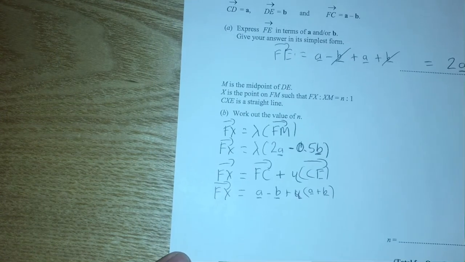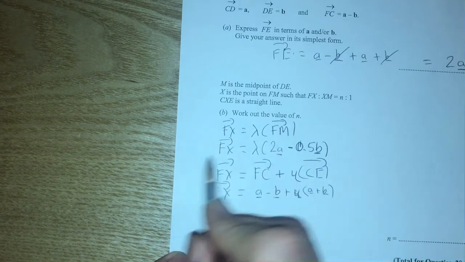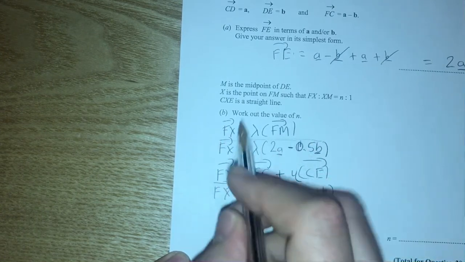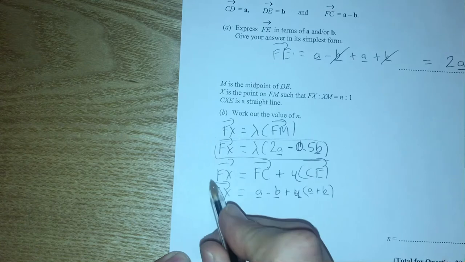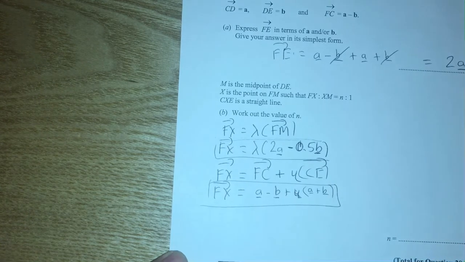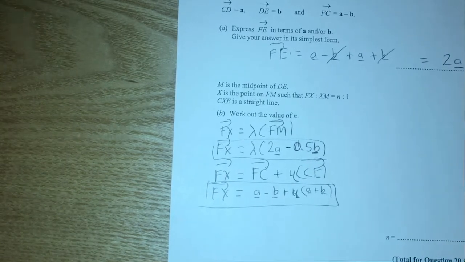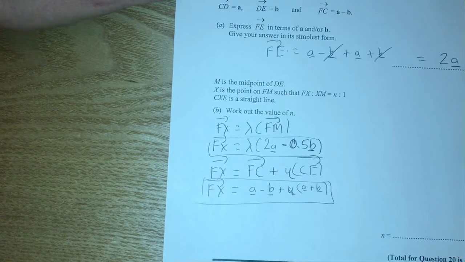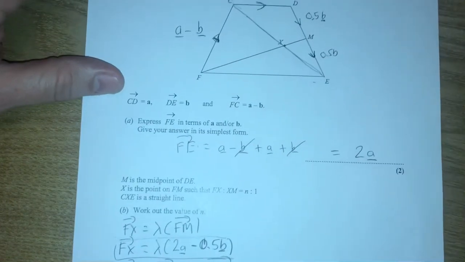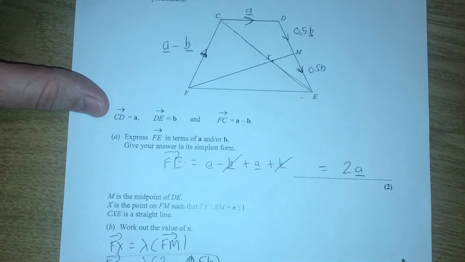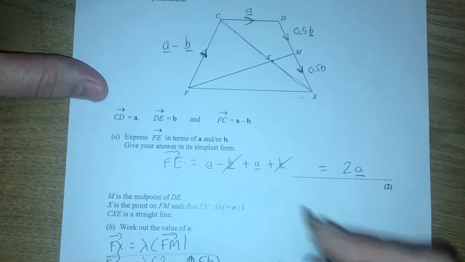There we go. So what I have here is two ways to get from F to X, and that really helps me form a simultaneous equation. So let's write these out as equal to each other.